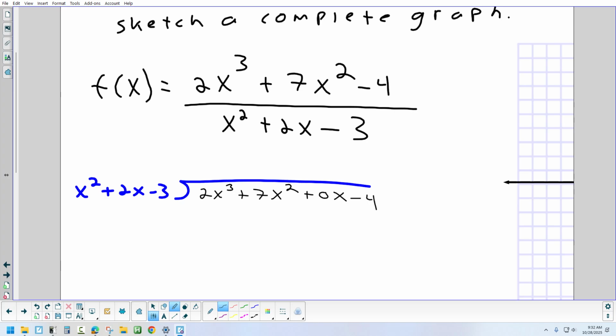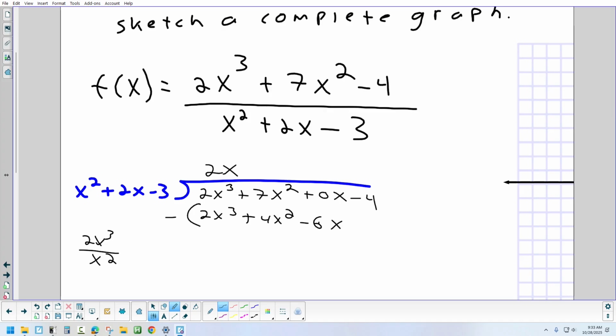All right, so when we divide, first thing we do, 2x cubed divided by x squared, that's going to give me 2x. Multiply it back out. 2x cubed, 4x squared, minus 6x. And what do I do with these columns that I just created?